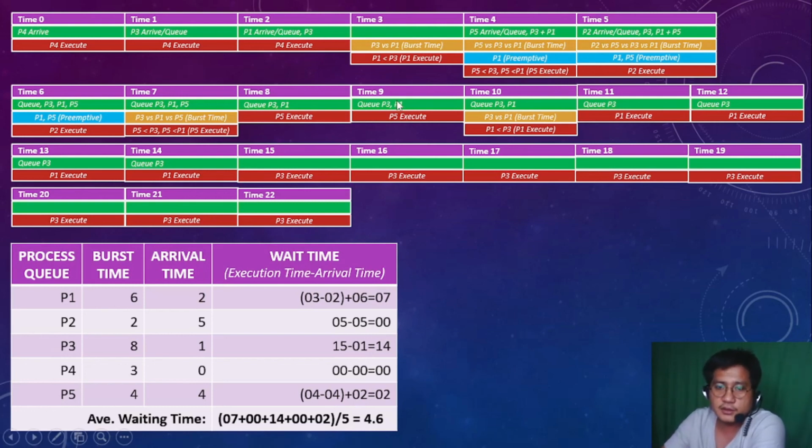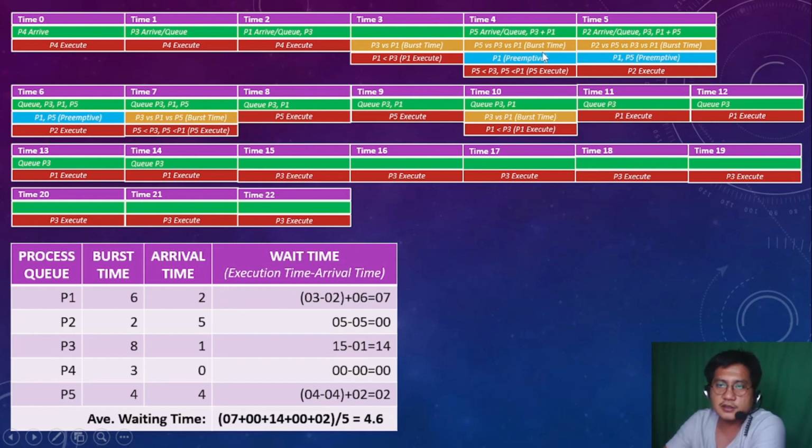So if we count on it, we have 1, 2, 3, 4, 5 waiting time, and then another waiting time from P2. So it arrives at time 2, and then the first execution time of P1 is at time 3. So we have the 3 here. This is the original execution time of process 1, and then subtracted by 2 because of the arrival time.